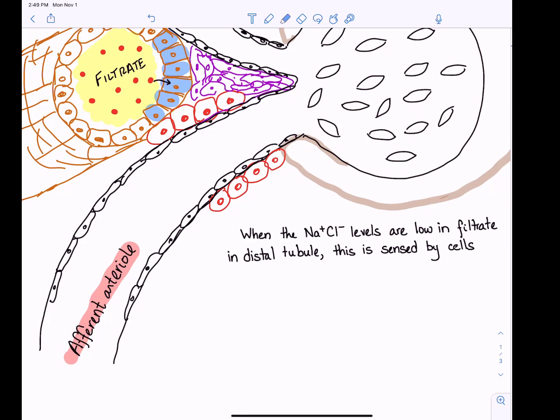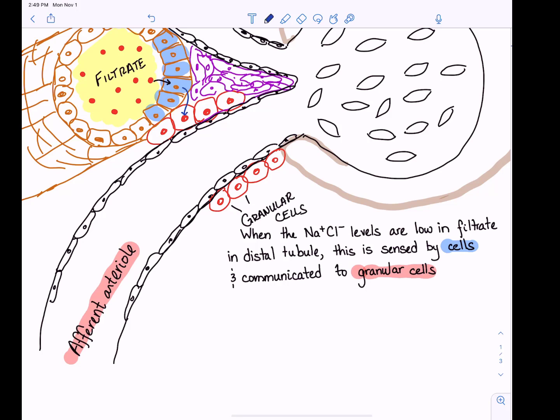So the juxtaglomerular apparatus uses those blue cells to sense the sodium chloride. Those blue cells then talk to or communicate with the red cells that are surrounding the afferent arteriole. Those red cells are called granular cells, and granular cells secrete renin.